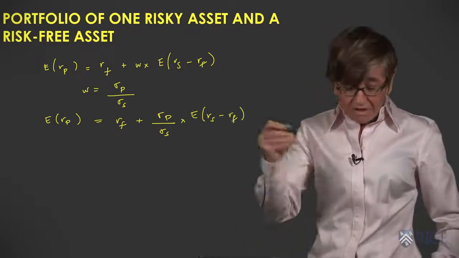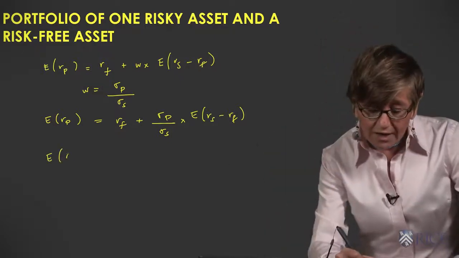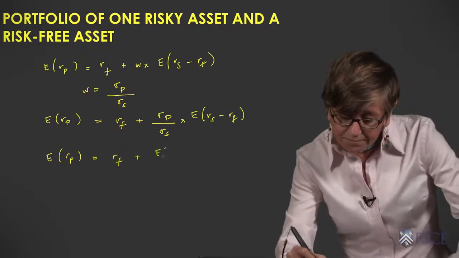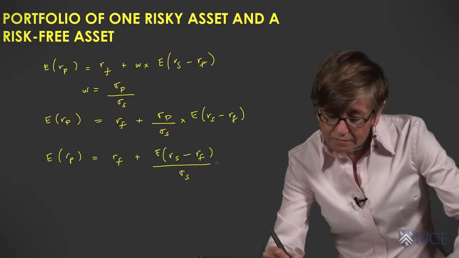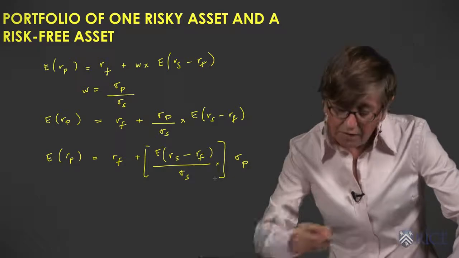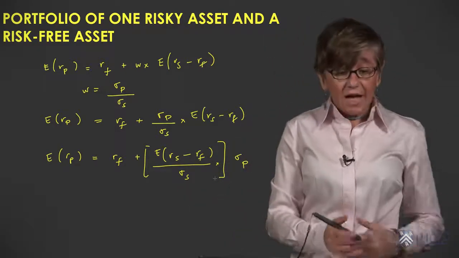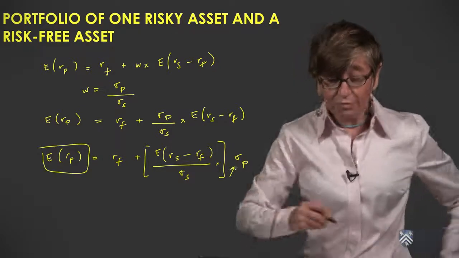All right, well, let me rewrite this a little more nicely. What you get is an expression that relates the expected return on the portfolio to the volatility of the portfolio.